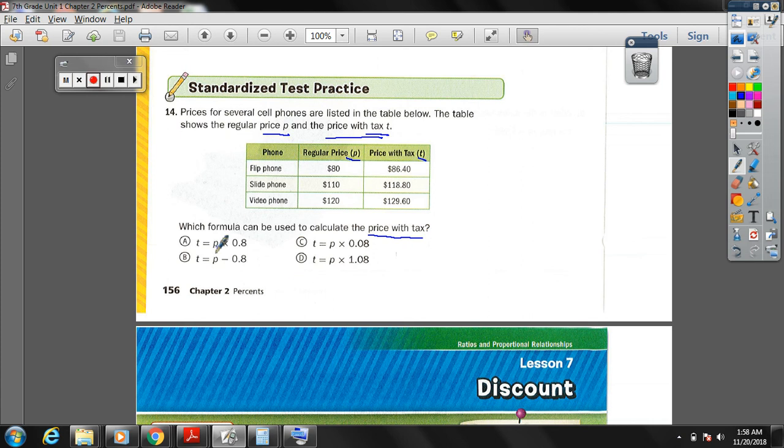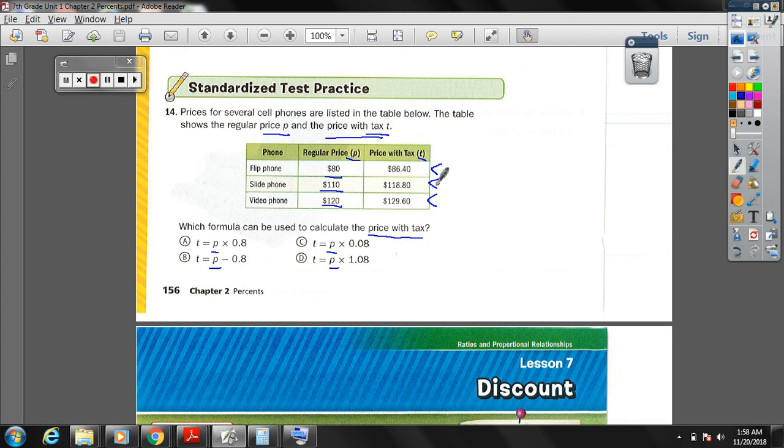So we need to know which one of these formulas, because only one will work. Which one, if we replace the value of P with the values in the table, will get us each of these three values? That's our goal. That's what we want.